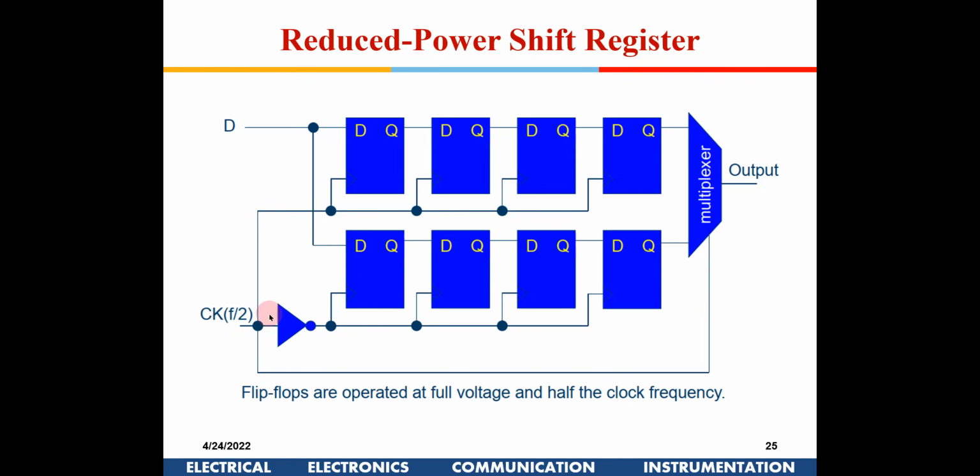Obviously this additional inverter is going to toggle every time with the clock, but for all these 4 flip-flops, otherwise if you put it in series, you would have to use clock frequency f. Here we are using an f/2 clock, so the power will be just 50%. This is known as a reduced power shift register.